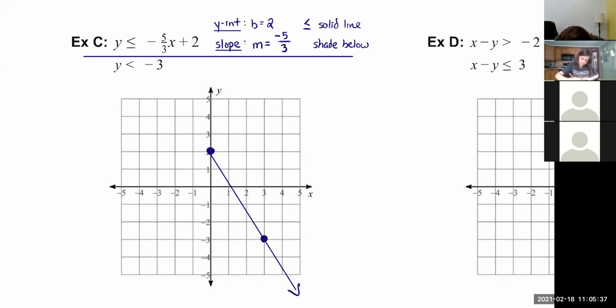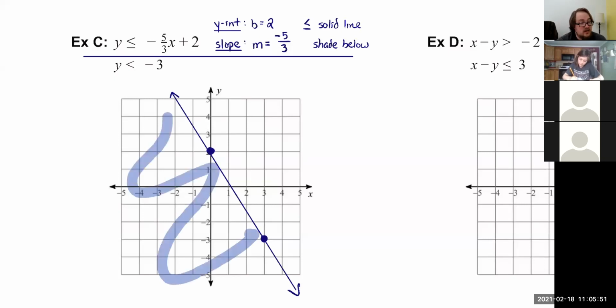That one didn't feel clean. And with respect to that line, we are shading below it. So again, just enough to serve as a reminder, because I'm going to come back and clean that up later.